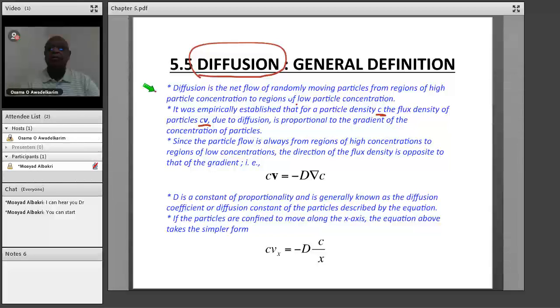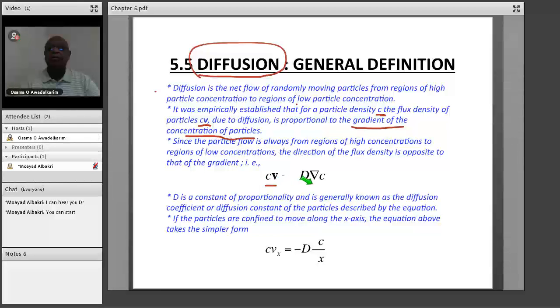The change in concentration with position is called the gradient of the concentration of particles. Gradient is something to do with a derivative with respect to position. Okay, so in mathematical terms, the flux Cv, number of particles per unit area per unit time, because flux means also per unit time, is actually equal to the gradient.